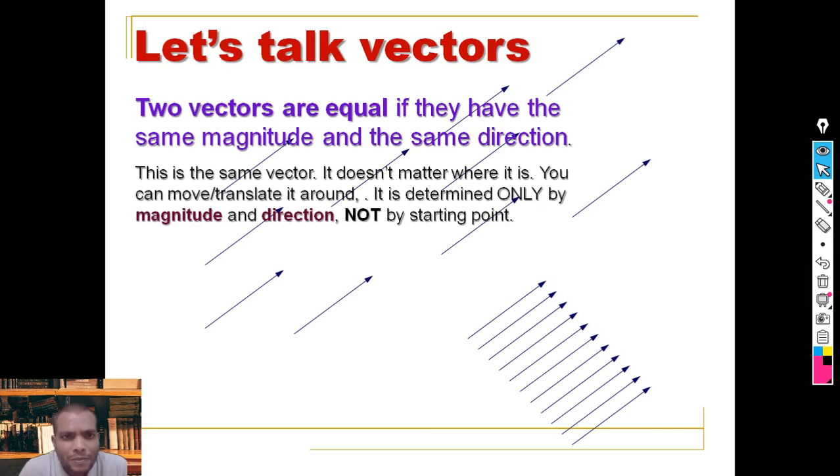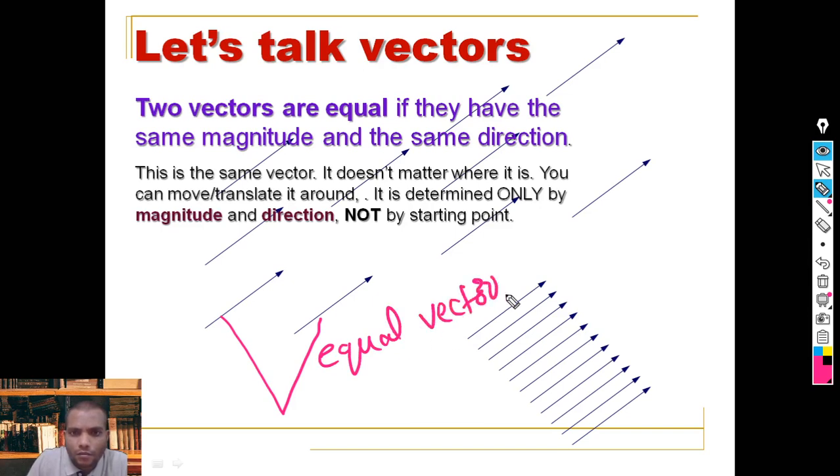It is determined only by magnitude and direction, not by the starting point. So we can say these vectors are equal vectors. Equal vectors are nothing but vectors that have equal magnitude and are represented in the same direction.